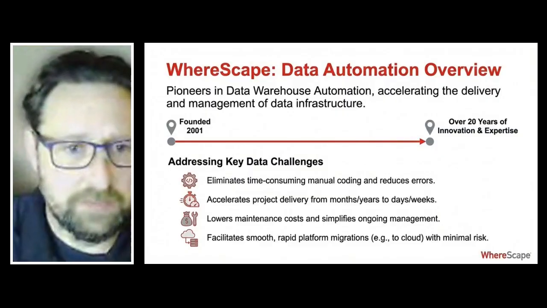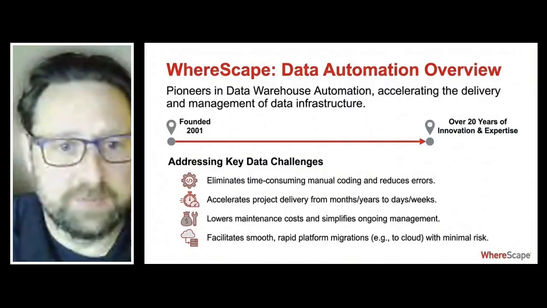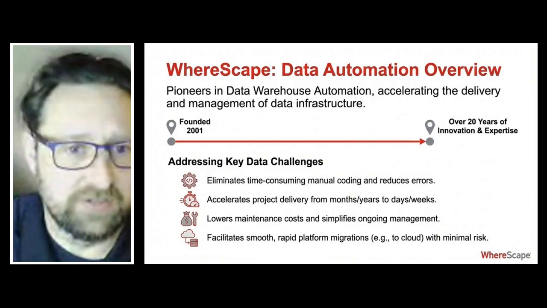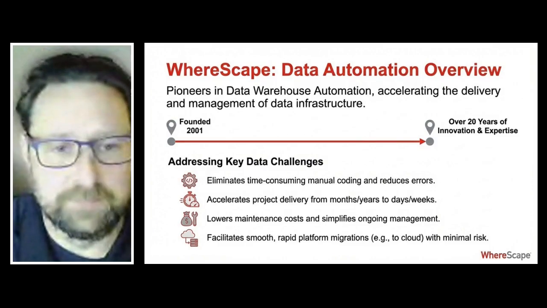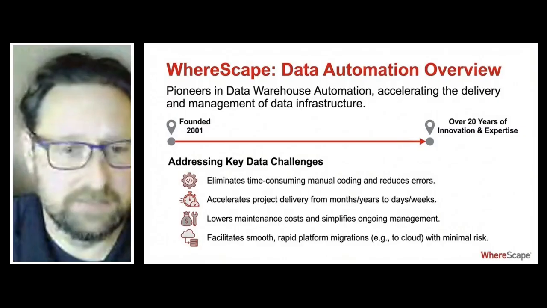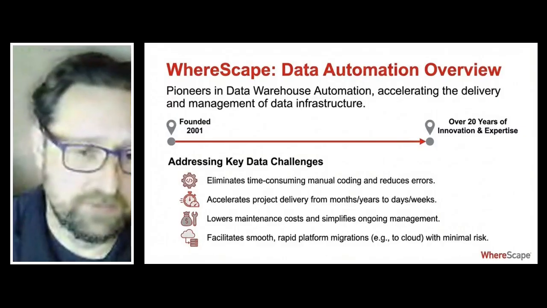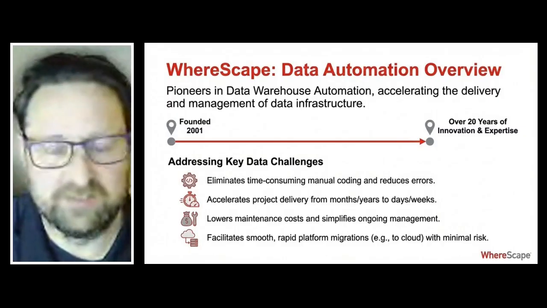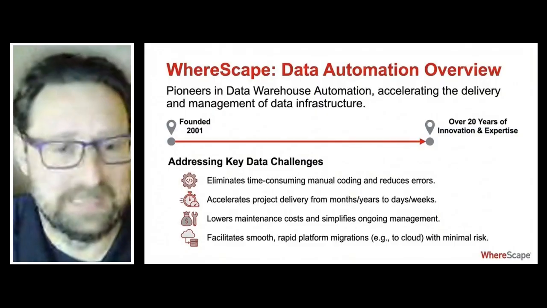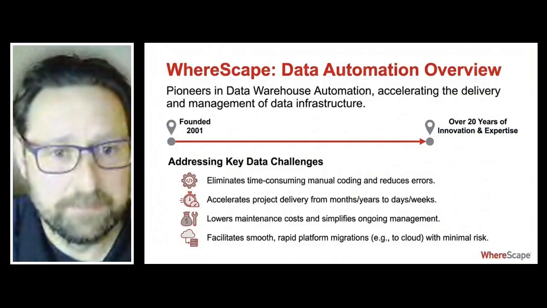So what do we do? Well, we provide software that helps people address those risks and challenges that they're facing in their data warehouse projects. The primary thing being this first point here, eliminating time-consuming manual coding and reducing errors through providing a consistent template-based approach for your modeling and your code generation.